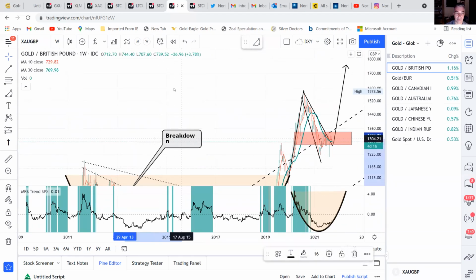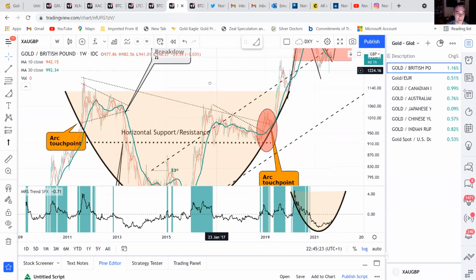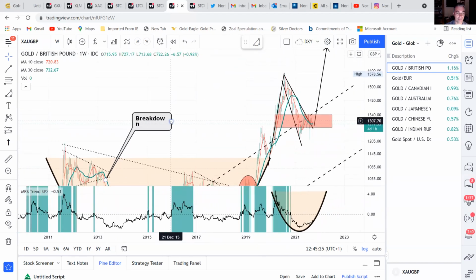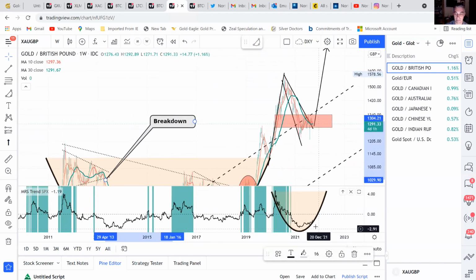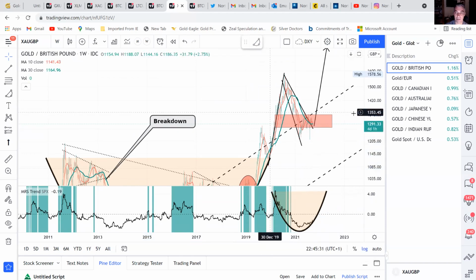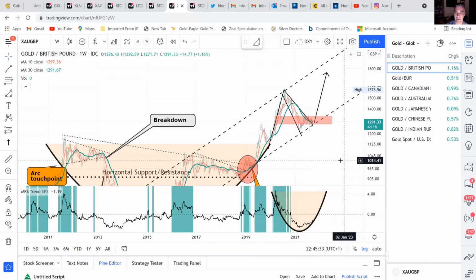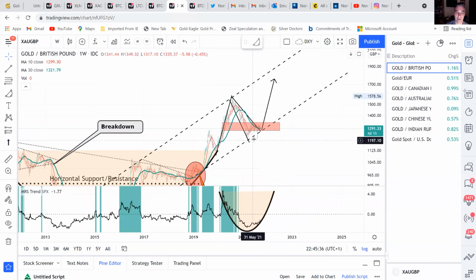All the way back through this entire period, going back a decade or so, we are down at a very low level, relatively speaking. So that says to me that it's more likely going forwards over the next few months that gold in British pounds is going to outperform the SPX.